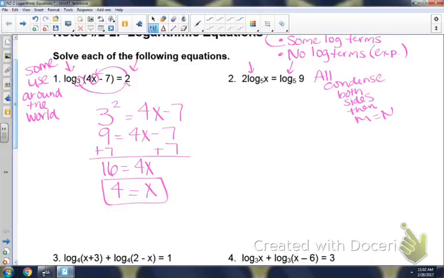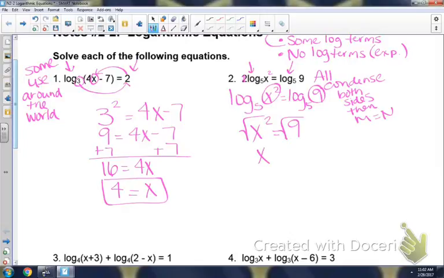So to condense, look at the left side. I need to move that coefficient and make it an exponent. We talked about that yesterday. Log base 5 of x squared equals log base 5 of 9. Notice we have log with base 5. Those are equal, which means this has to equal this. So x squared equals 9. To solve that, we can use the square root method.